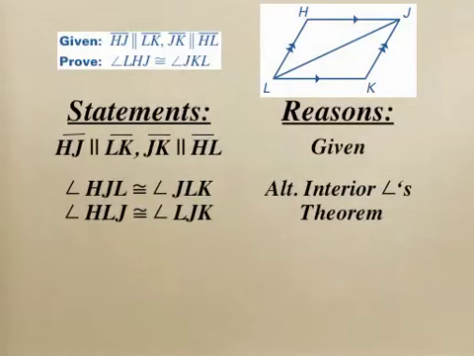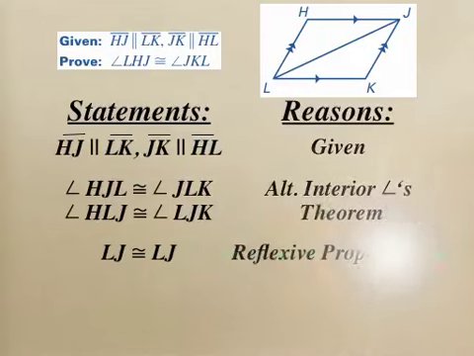So I can say that angle HJL is congruent to angle JLK, and angle HLJ is congruent to angle LJK. Because I'm using the same reason, I can put them together in the same statement, by the alternate interior angles theorem. I can also say that segment LJ is congruent to itself because of the reflexive property of congruence.